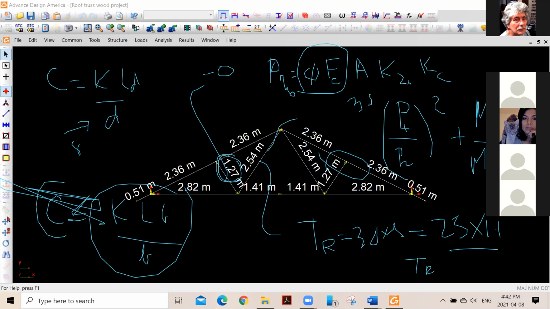Wouldn't the one from the right be the same as the one from the left? You mean this member here and this member here? No, because... are you talking about the one that's 1.27? No, I'm talking about now the top chord. Oh, okay, the top chord.